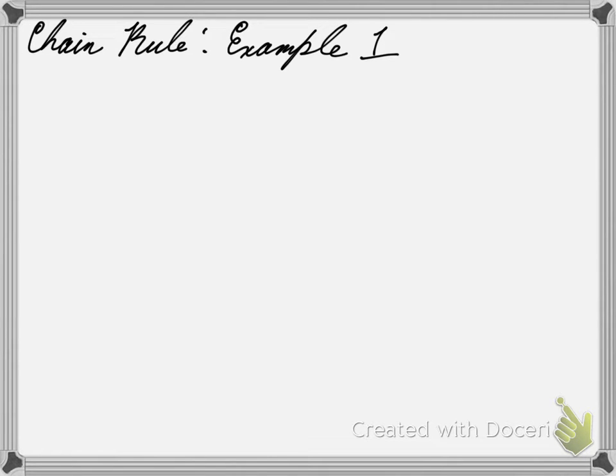So first thing we're going to do is write out the chain rule. The chain rule, again, involving composite functions, has to do with when you have a function f composed with a function g.